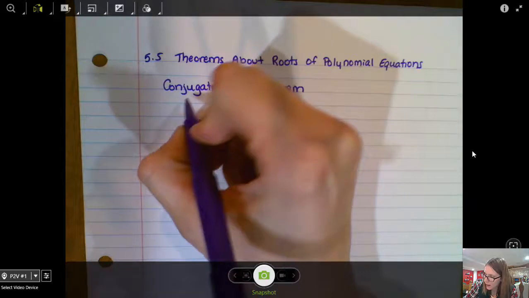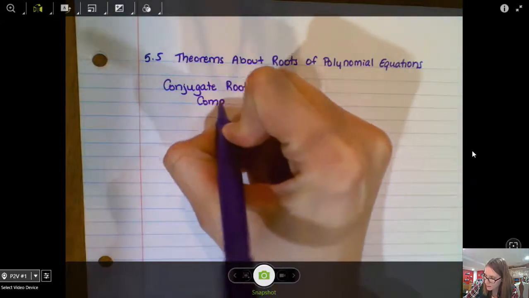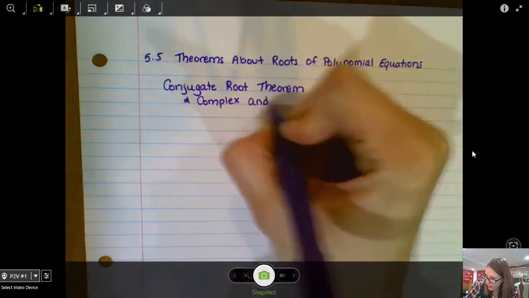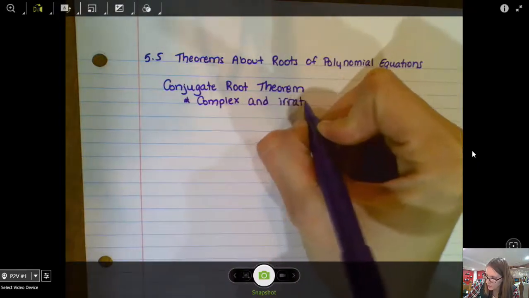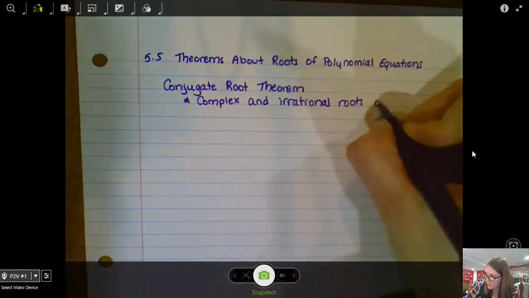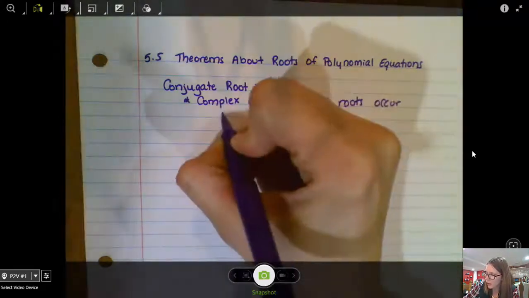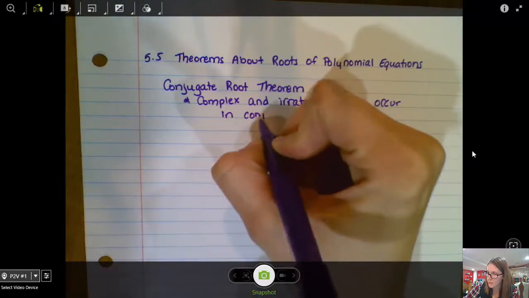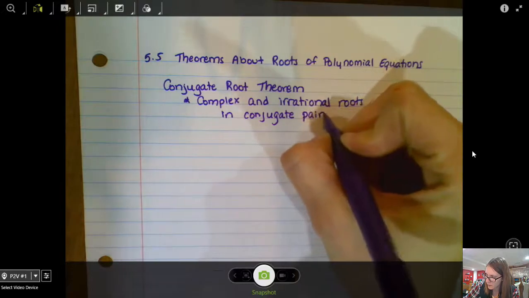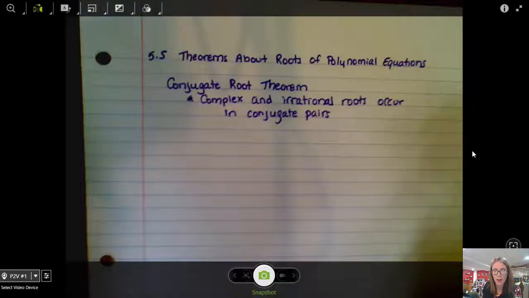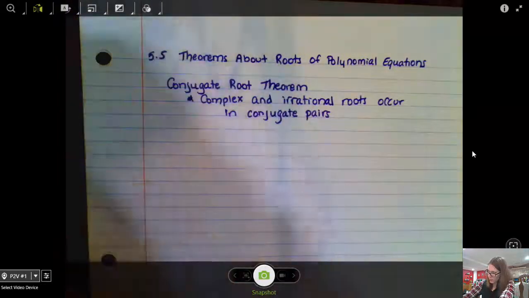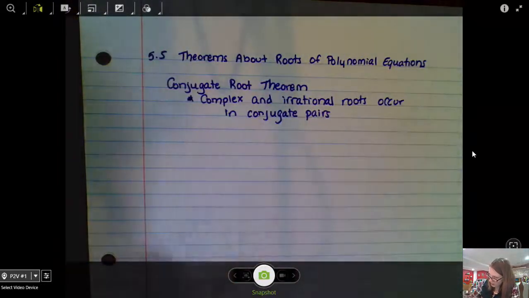All right, so here's what the conjugate root theorem says. It says that complex and irrational roots occur in conjugate pairs. Okay, so a complex number, and I'll add a couple notes on the side here.